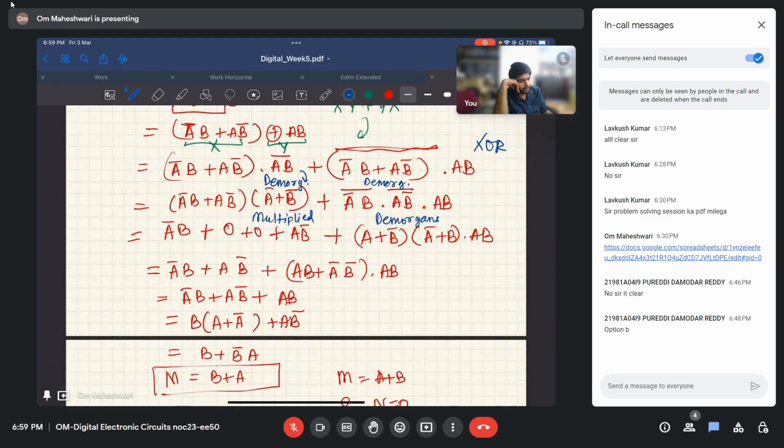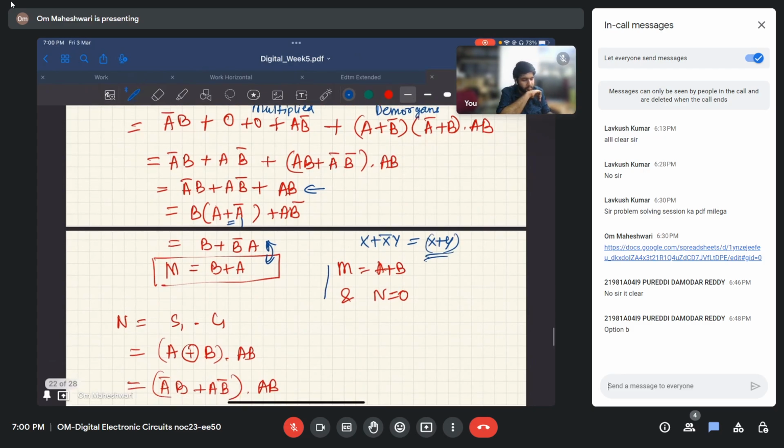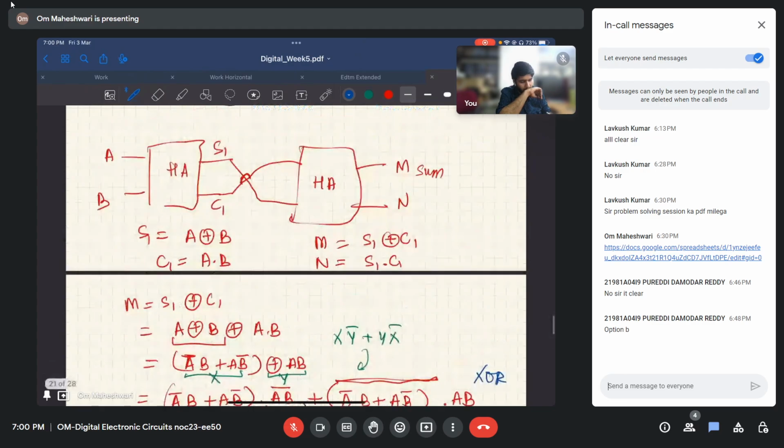Then again I just multiplied it and got this. Then I took B common, A plus A bar is 1. Then B plus B bar is B plus A. This is one of the identities. A plus A bar B equals A plus B, or X plus X bar Y equals X plus Y. That's why M is this and N is 0.